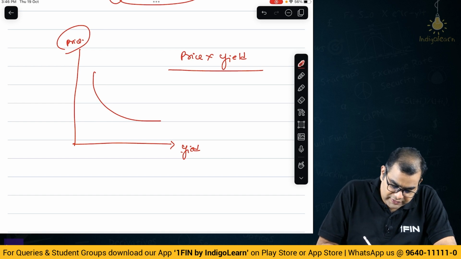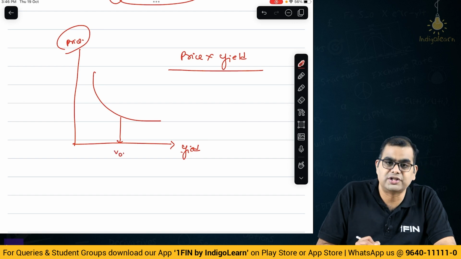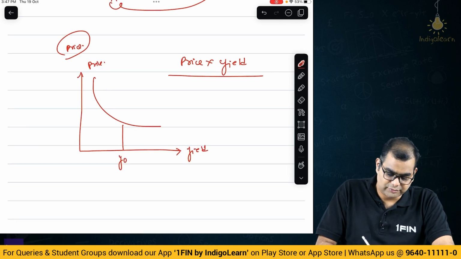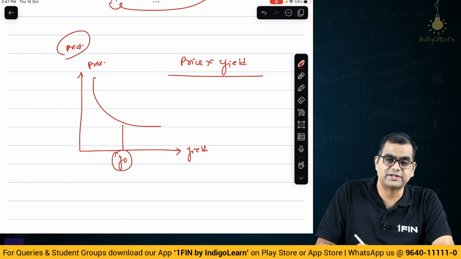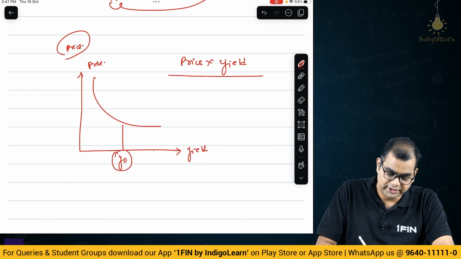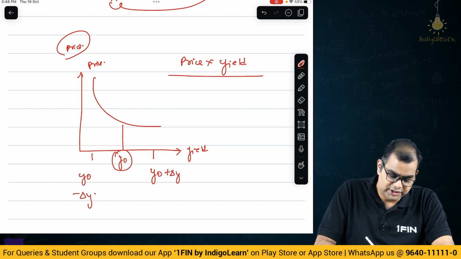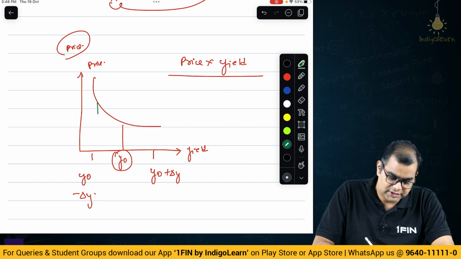Let us say this is yield y0. So there is this initial point called y0. Now you have another point here and another point here. This is y0 plus delta y and this is y0 minus delta y. For these two points, the price is different.